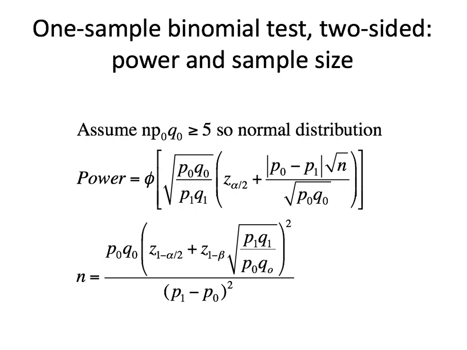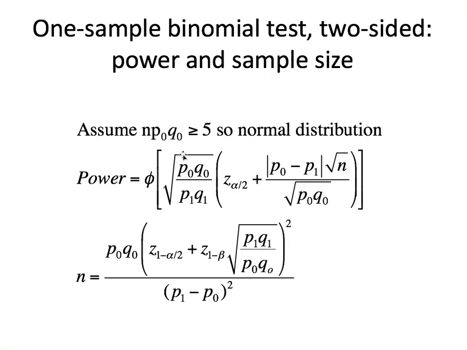We can also figure out the value of n if we're doing a one-sample binomial test that's two-sided. Okay, we find that this is an expression for power. We do the same type of thing that we did to figure out the expression for power when we assumed a normal distribution.